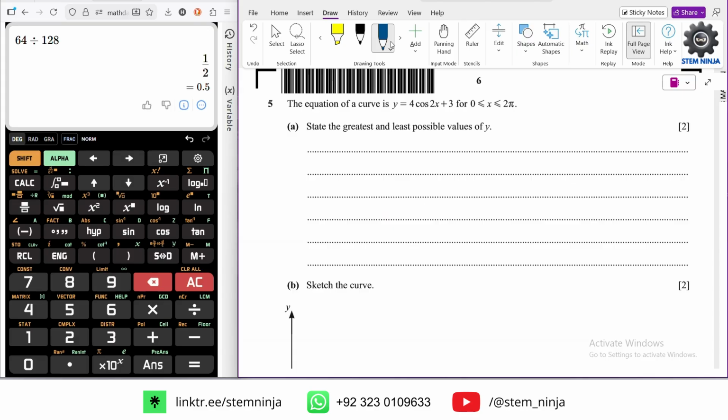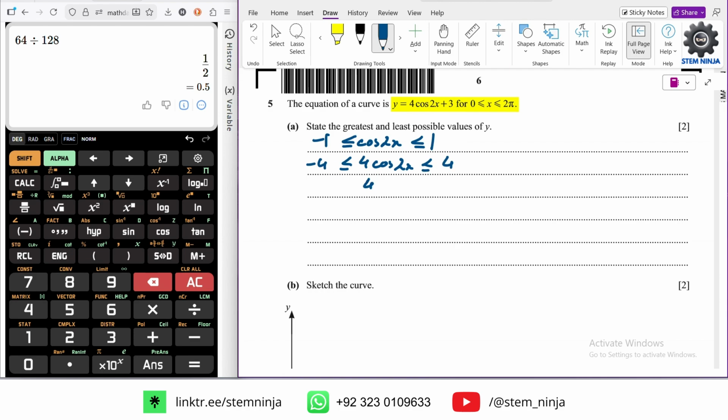Question number 5. The equation of a curve is y equals 4 cos 2x plus 3. State the greatest and least possible values of y. Okay. So cos 2x goes from -1 to 1. The 2x doesn't affect the minimum or maximum. When we multiply the 4 with it, this becomes 4 and -4.